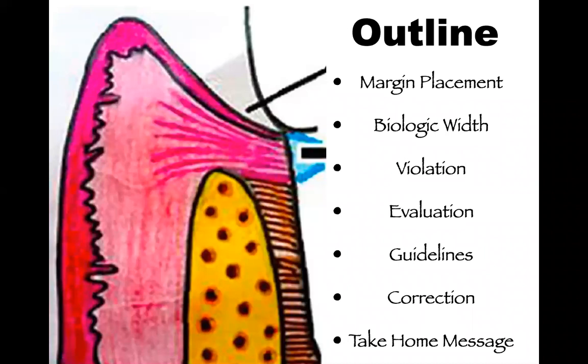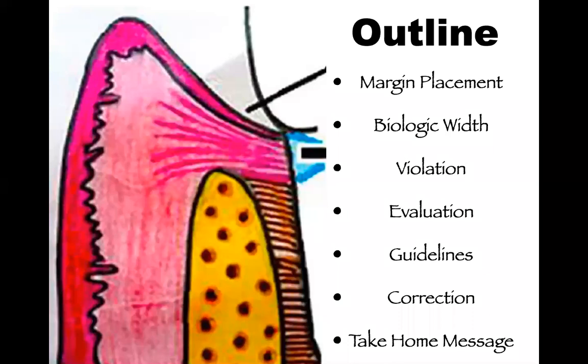The next and the most important thing is biological width. You can see this question as a short note, be it prostho, endo, cons, or your perio. You can see this short note in your exams in relation to any of these subjects. So you should exactly know what biological width is. It has its specific definition, it has its meaning. So kindly listen to me properly today.